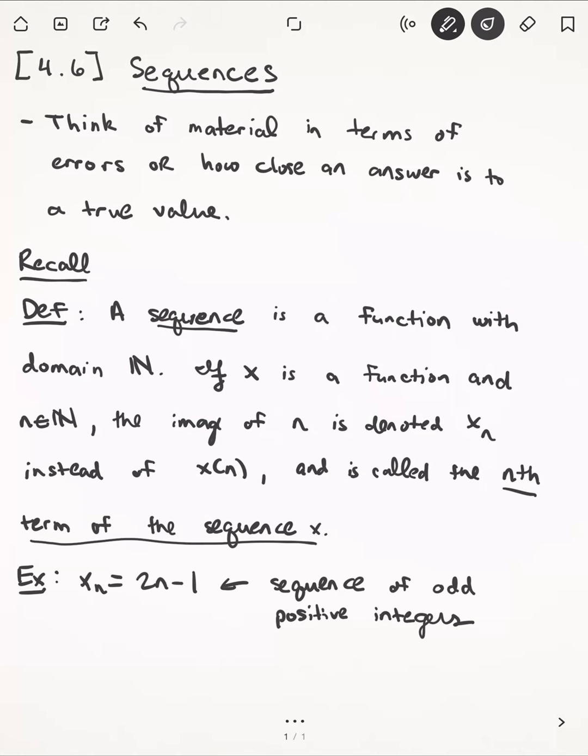The sequence (-1)^n is just a sequence that looks as follows: -1, 1, -1, 1, and so on. So every even term in the sequence is 1, and every odd term is -1.